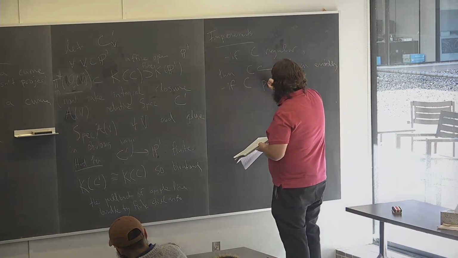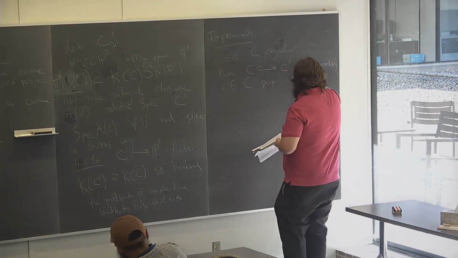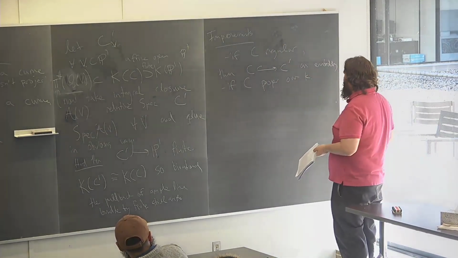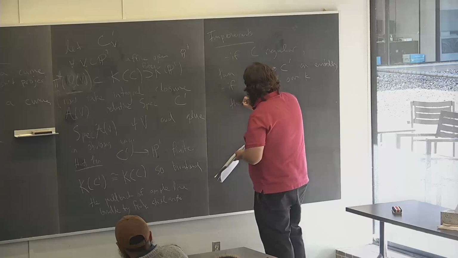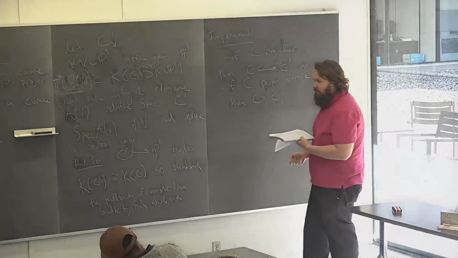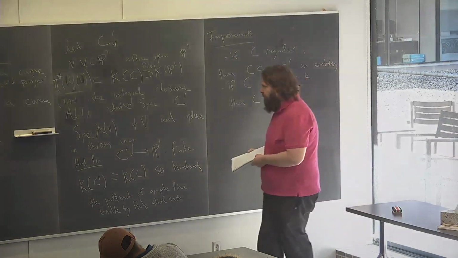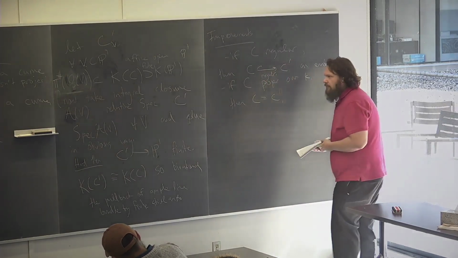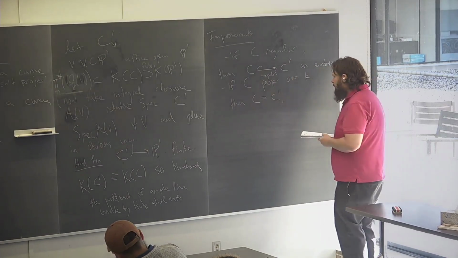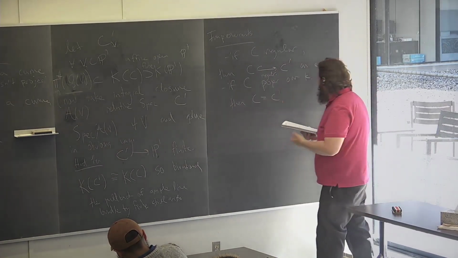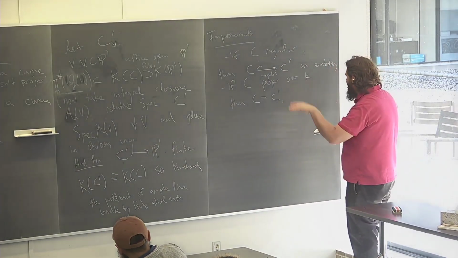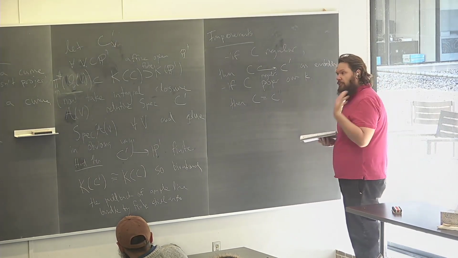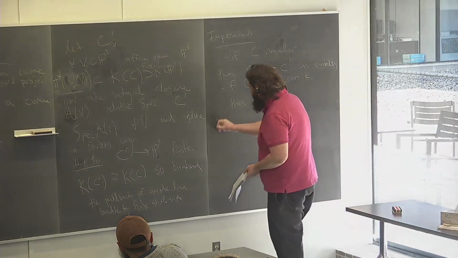If C is proper over K, remember properness is kind of the replacement for compact, then C and C prime are just equal. I should say regular and proper. So if I have a proper regular curve, and I actually don't need regular, but let's not worry about that, then it's automatically projective. And this is something special about curves. This doesn't happen in other cases.